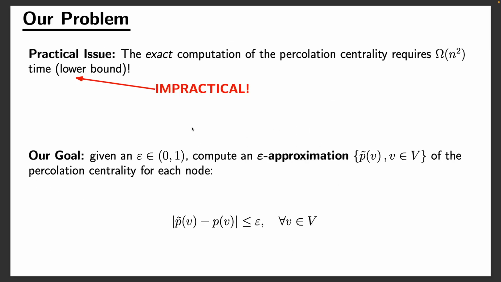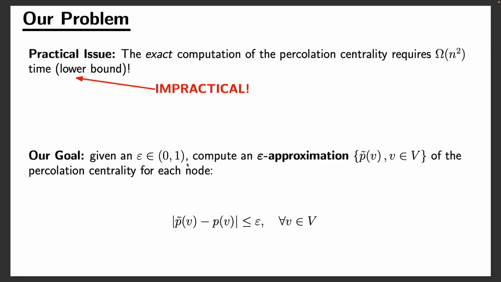If we want to compute the exact percolation centrality of each node in the network, we will need time at least n squared, and this quickly becomes impractical in real-world networks. Our goal instead is to compute an approximation of the percolation centrality for each node in the network, which is formally defined as follows.